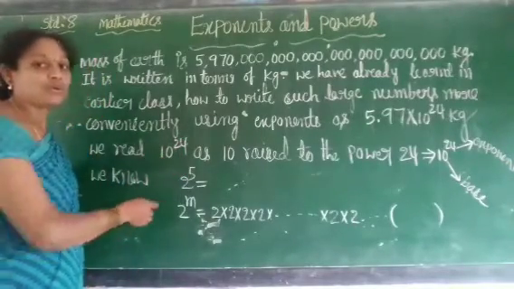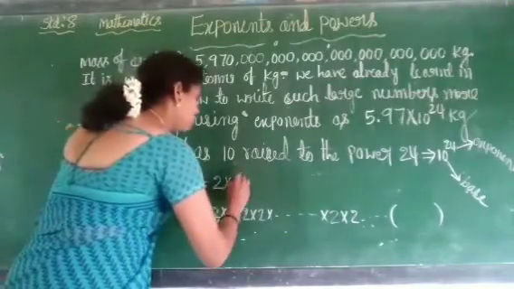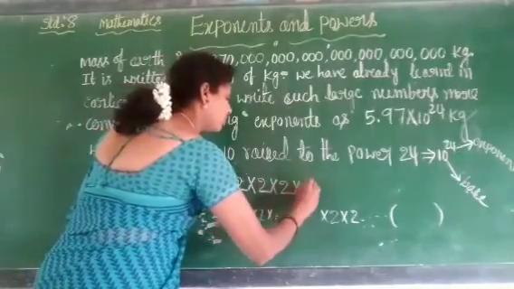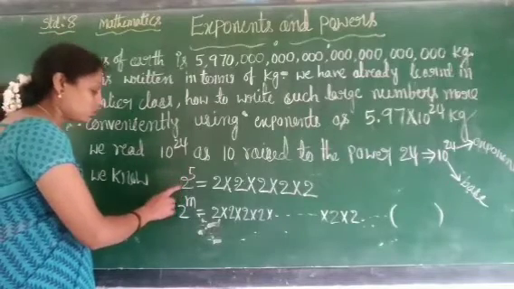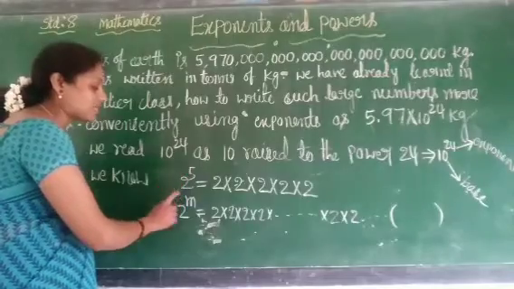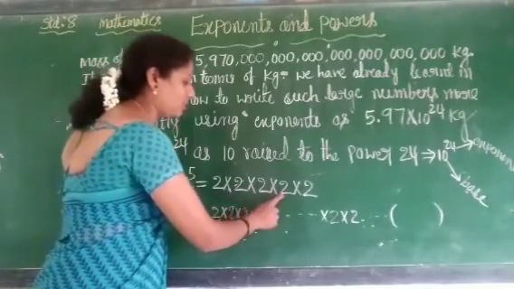Now, 2 to the power 5 is written as 2 into 2 into 2 into 2 into 2.